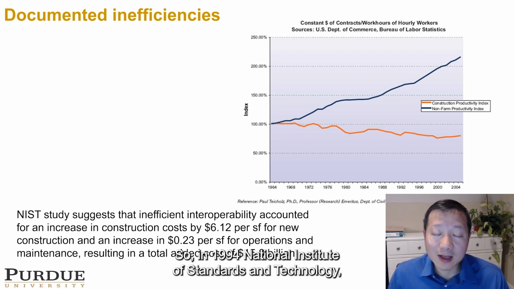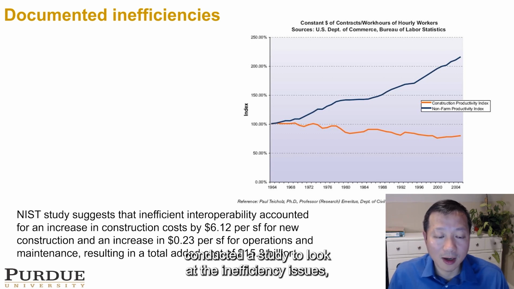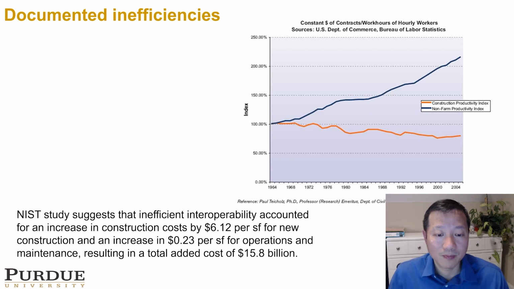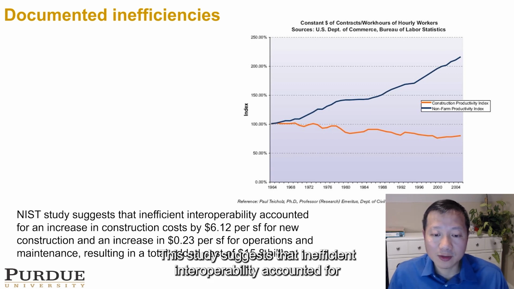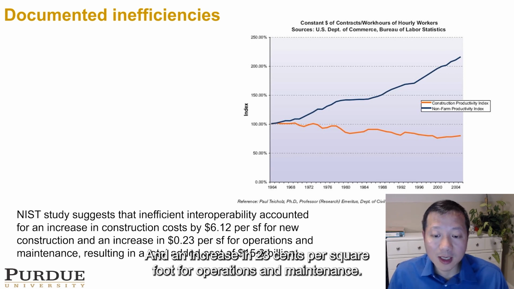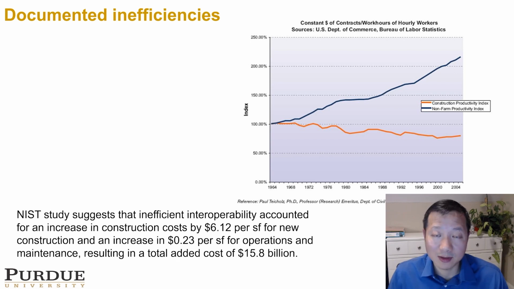In 1994, the National Institute of Standards and Technology conducted a study to look at the inefficiency issues, especially attributed to the use of paper drawings. This study suggests that inefficient interoperability accounted for an increase in construction costs of $6.12 per square foot for new construction, and an increase of 23 cents per square foot for operations and maintenance.